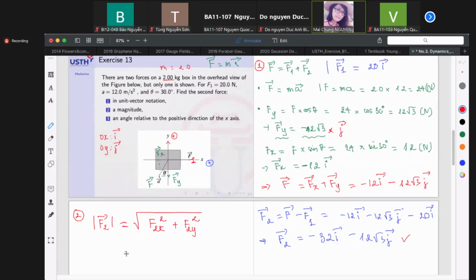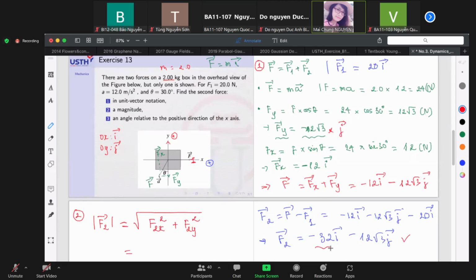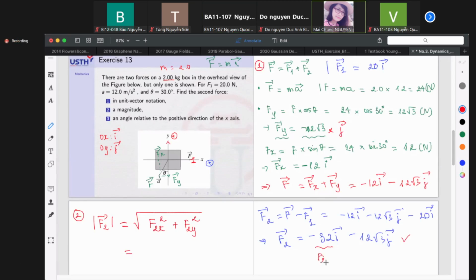Now we replace with the numbers: the negative 32 squared plus 12 square root of 3 squared. Yes.